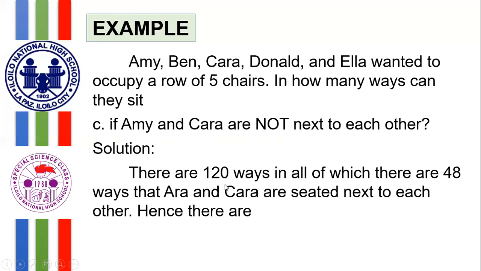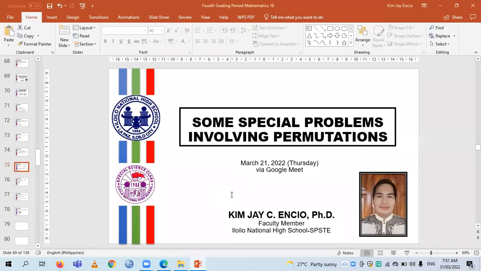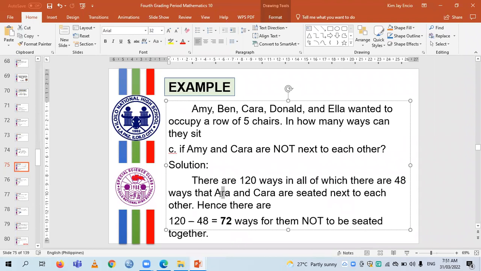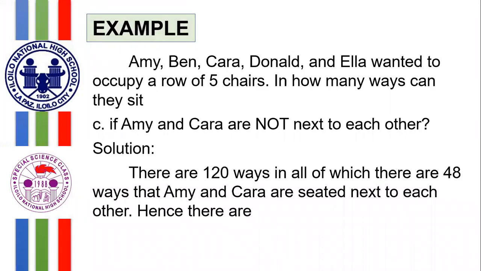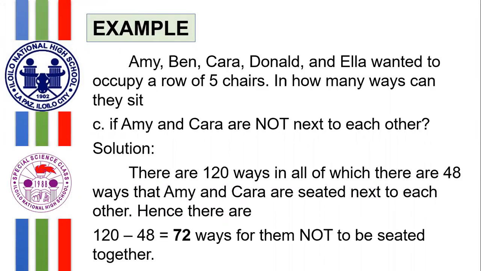However, out of these 120, 48 of them are the number of ways that Amy and Kara are together. So in this case, that's why we have to subtract. Hence, there are 120 minus 48 or 72 ways for them not to be seated together.